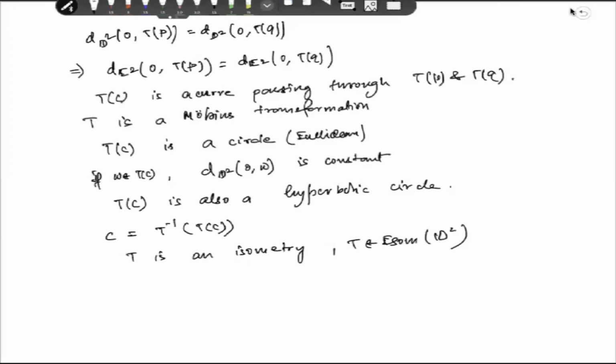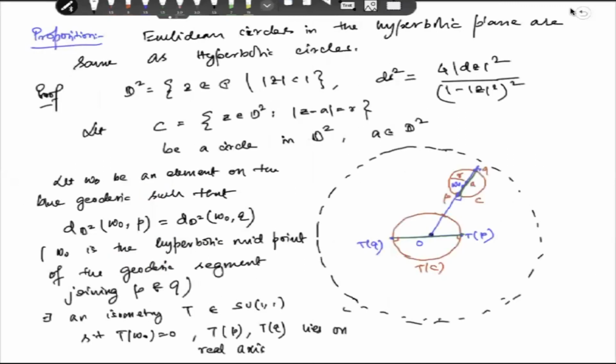So therefore, T inverse is again an isometry, and an isometry takes a hyperbolic circle to a hyperbolic circle. So this will imply that C is a hyperbolic circle. Therefore, what we have proved is that if C is a Euclidean circle, then C is also a hyperbolic circle. So we have proved this proposition.